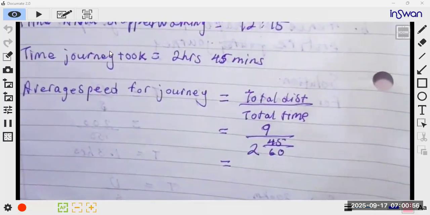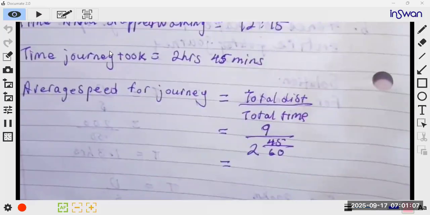So what will you get? I got 3.2. Answer should be 3.3.